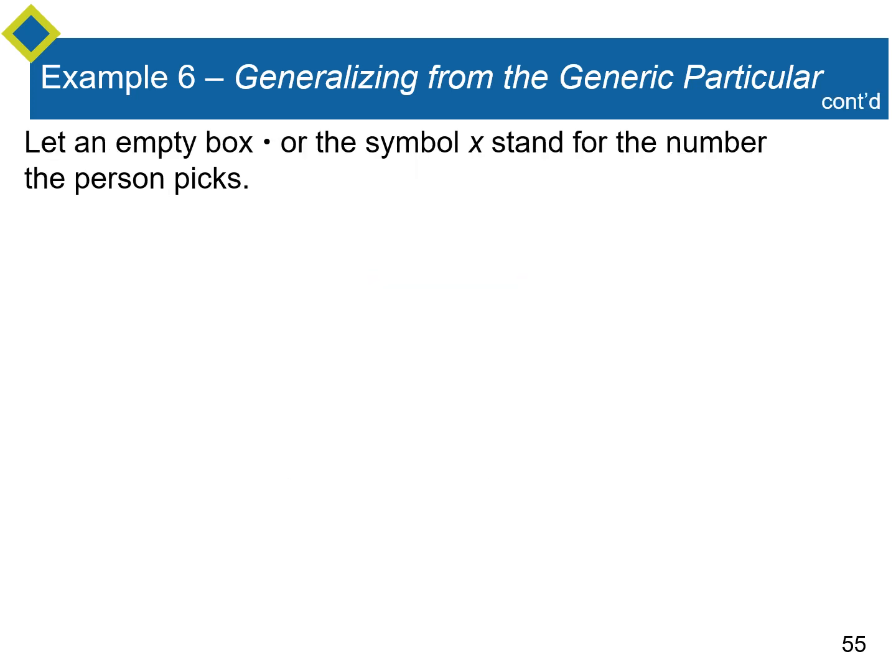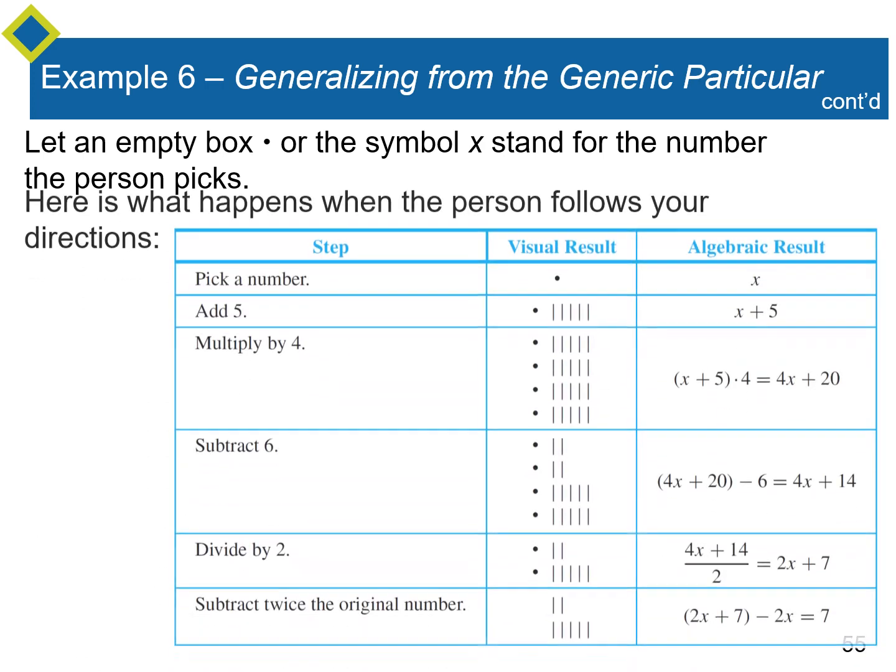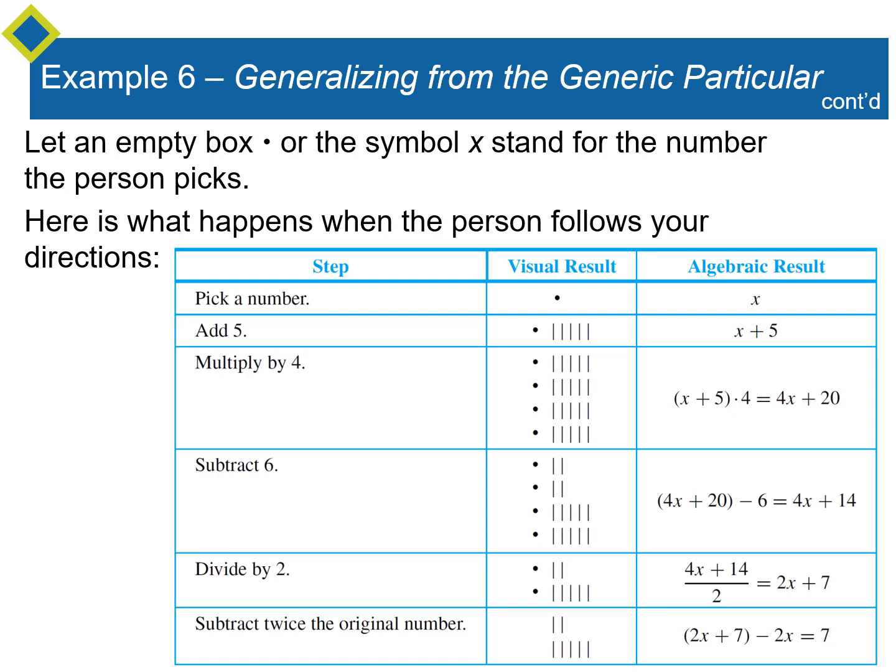Okay. Let an empty box or the symbol x stand for the number the person picks. So we use algebra here. Pick a number. Add 5, so x plus 5.